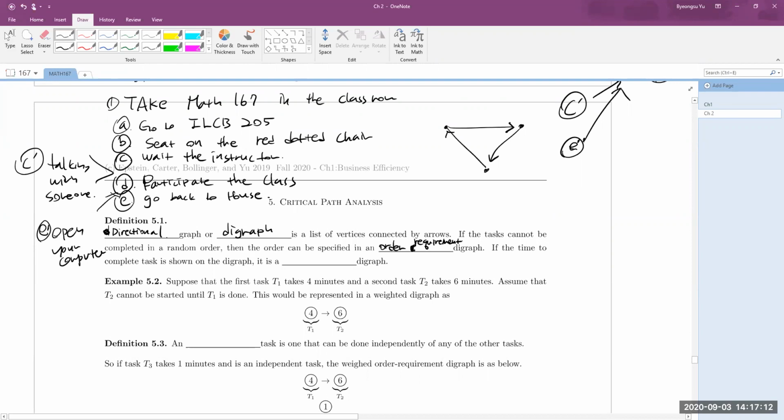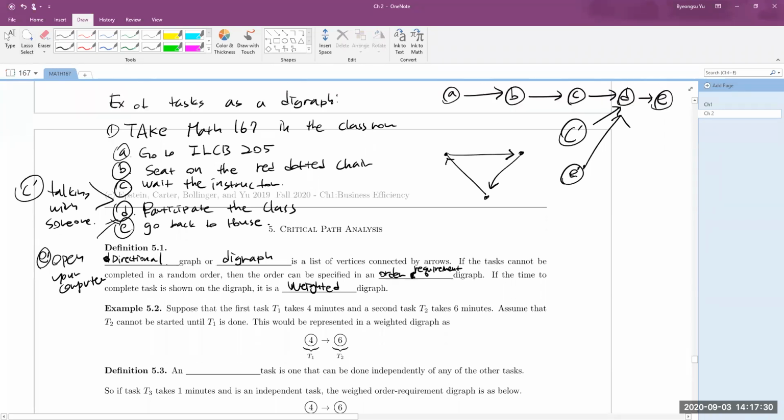So if the time to complete each task on the diagram is shown, then it is called a weighted diagram, right? So for these numbers, for example, from your house to IICB, you can take 5 minutes.